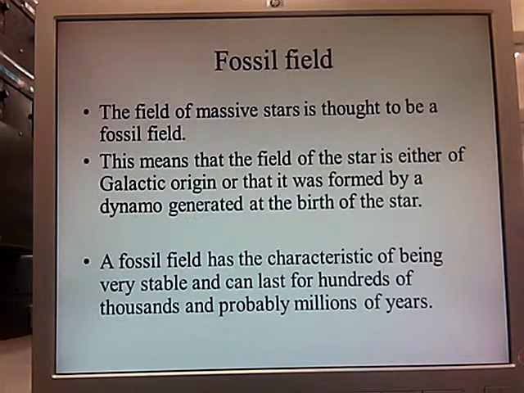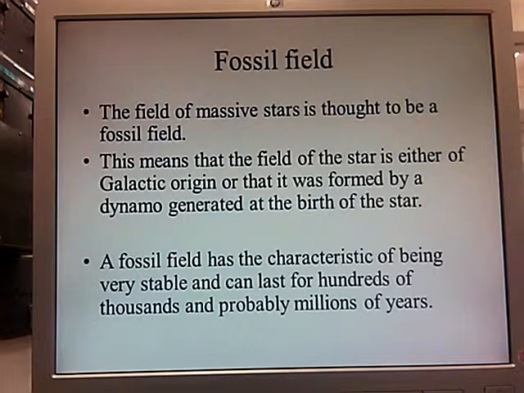Alright, so the fossil field we talked about last time, so I'm not really going to say much about it. It's just this idea, there's a massive star, the field comes from the dynamo early on, it collapses down, we compress it, and that gives us this nice field.